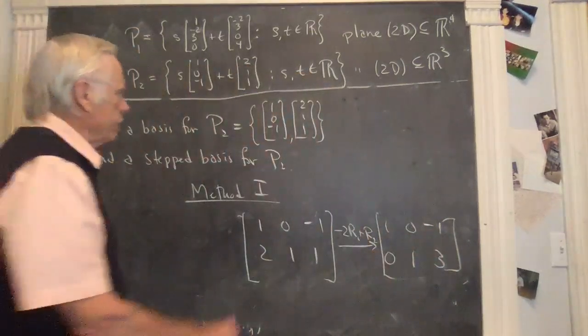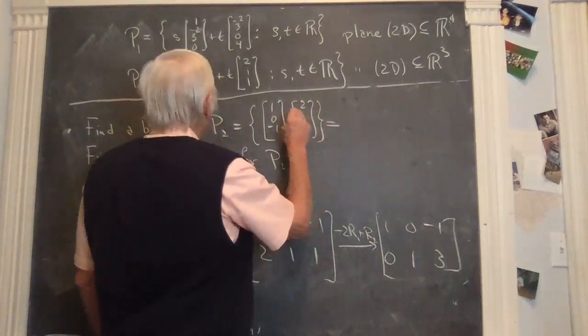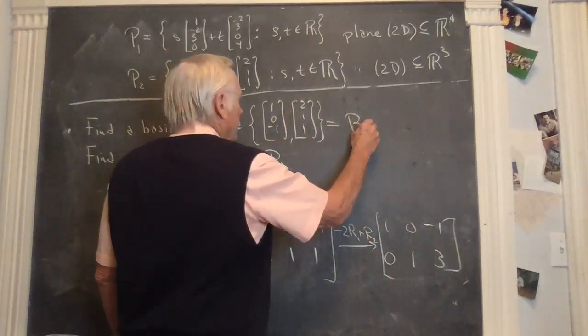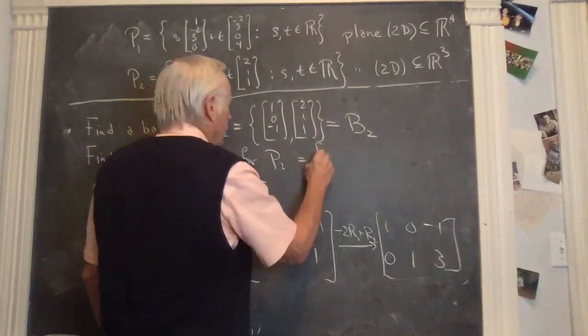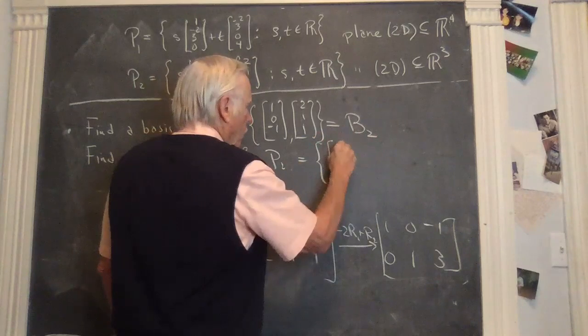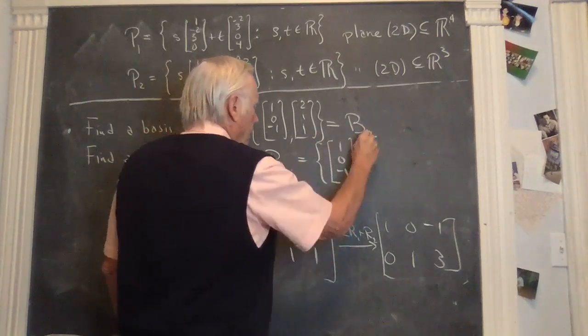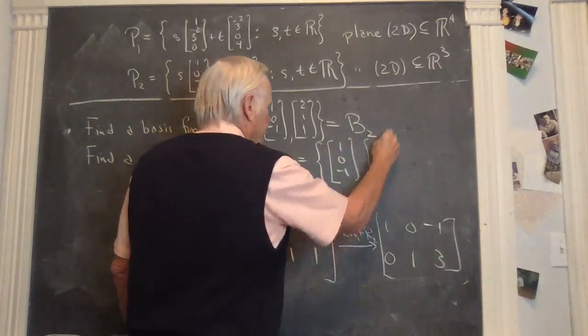And now the stepped basis, let's call this basis B2, and the stepped basis is 1, 0, minus 1, and 0, 1, 3.